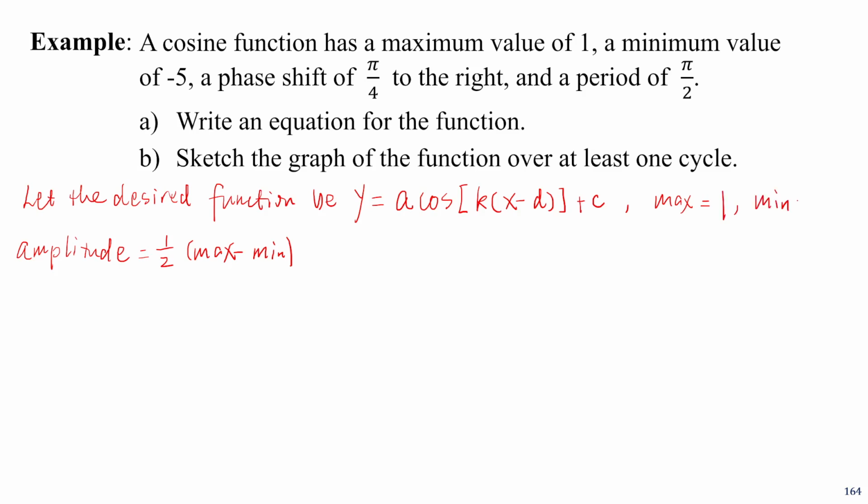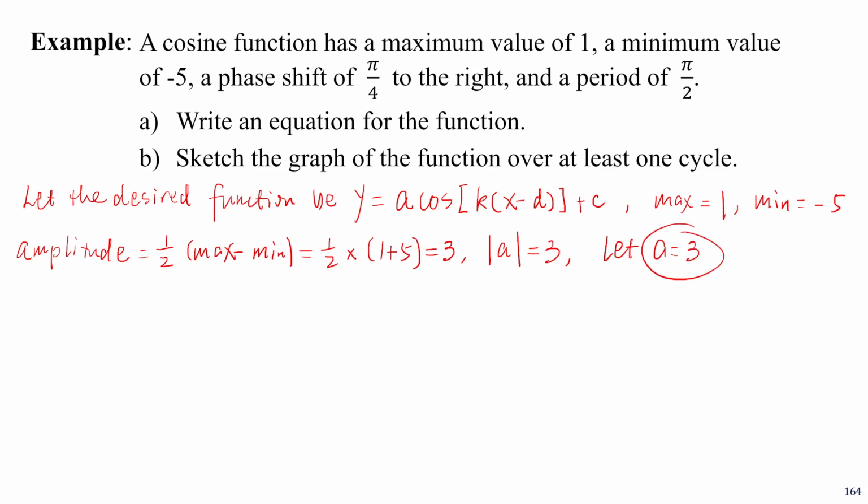The minimum value of that function is -5, right? Therefore, we know its amplitude is a half of 1 plus 5, which gives us 3. Therefore, we know the absolute value of a equals 3. So, for simplicity, you could let a be positive 3. Of course, you could also let a be negative 3, but it's not necessary. We prefer positive values for simplicity reasons. So we can just let a equals positive 3.